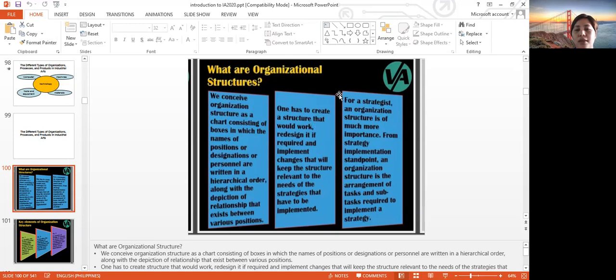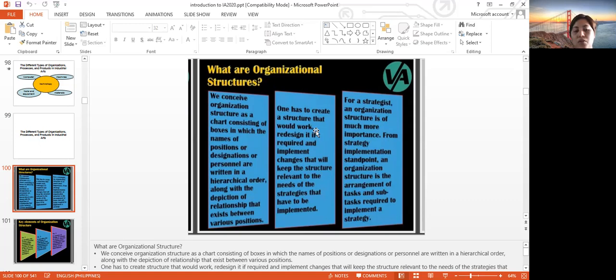Okay, so one has to create a structure that would work, redesign it if required, and implement changes that will keep the structure relevant to the needs of the strategies that have to be implemented. So now here in the second meaning, the second box, it is not just an organizational structure, not merely a box that shows what position that person in that box holds.